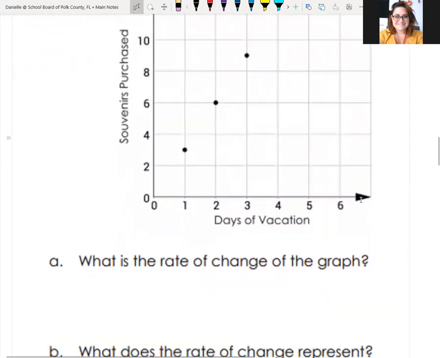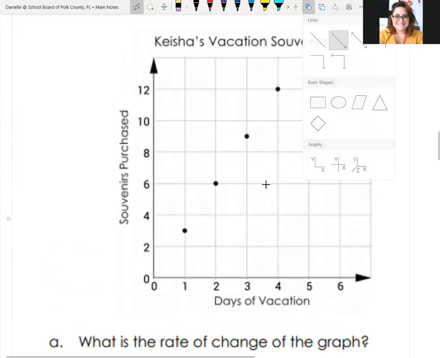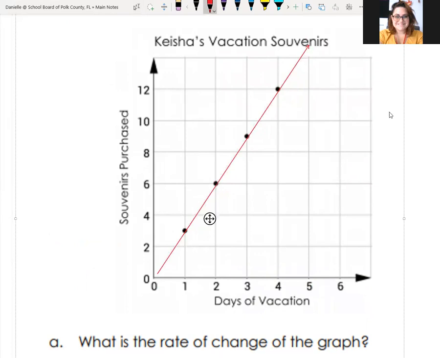Now, when we look at this graph, it wants to know what is the rate of change. So I'm going to connect my dots because for some reason it helps me a little bit. And I am going to go from here to here, because I like to stick where I know exactly what this is.